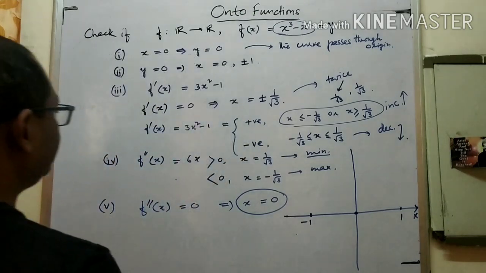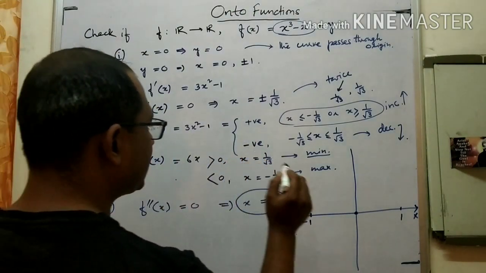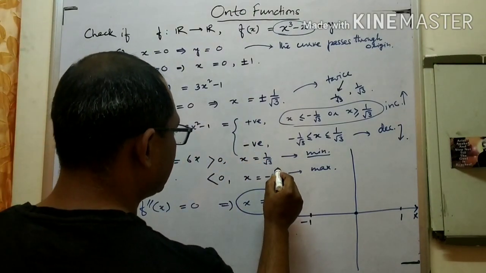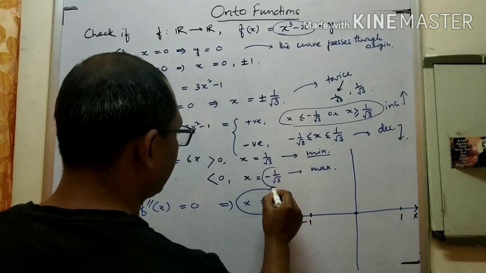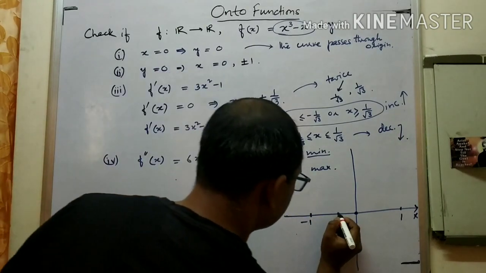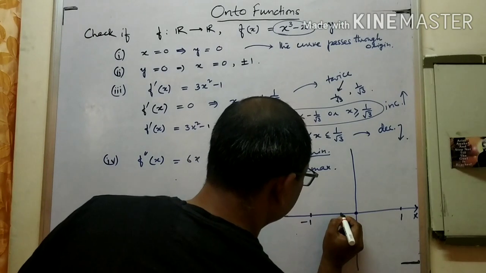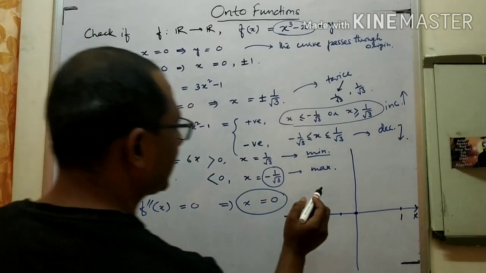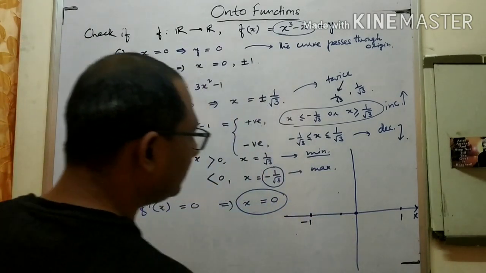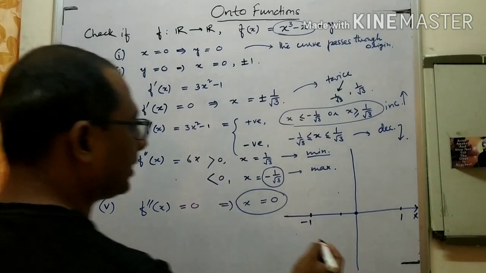Now it has a maxima at x equal to minus 1 by root 3. So minus 1 by root 3 will be somewhere here, where it will have a maxima, and at 1 by root 3 it will have a minimum.